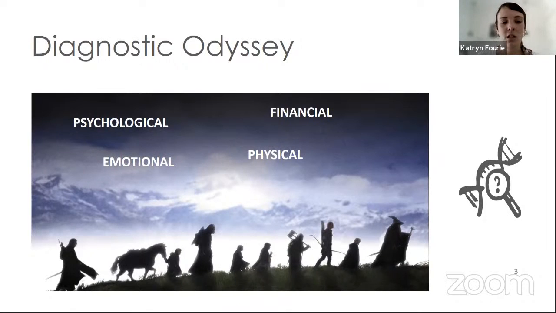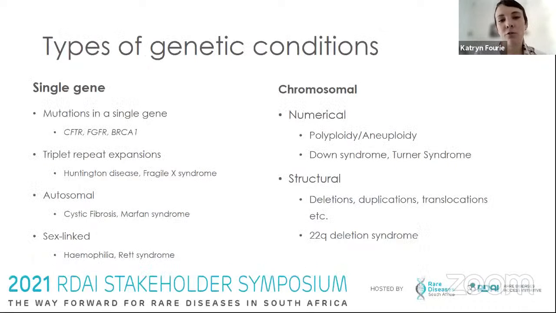And that can be psychological, emotional, financial, physical, what have you. So it's obviously very important for us to get to that end of the odyssey, to actually have a diagnosis and a name for a condition. But unfortunately, that's not so easy.